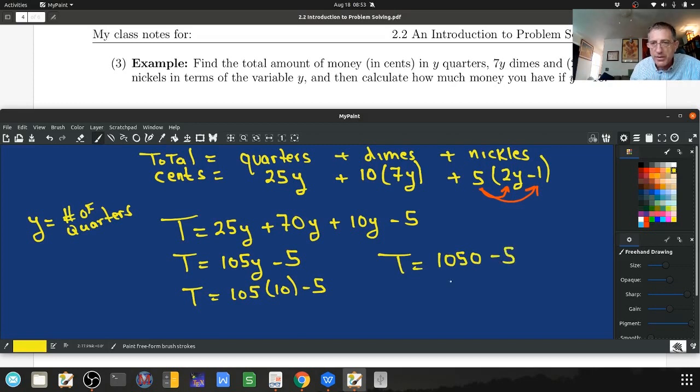Minus 5. And that's equal to 1045. And that's in cents. So if you want to know how much you have in dollars, what would you do? You would divide that by 100, so you would have $10.45.